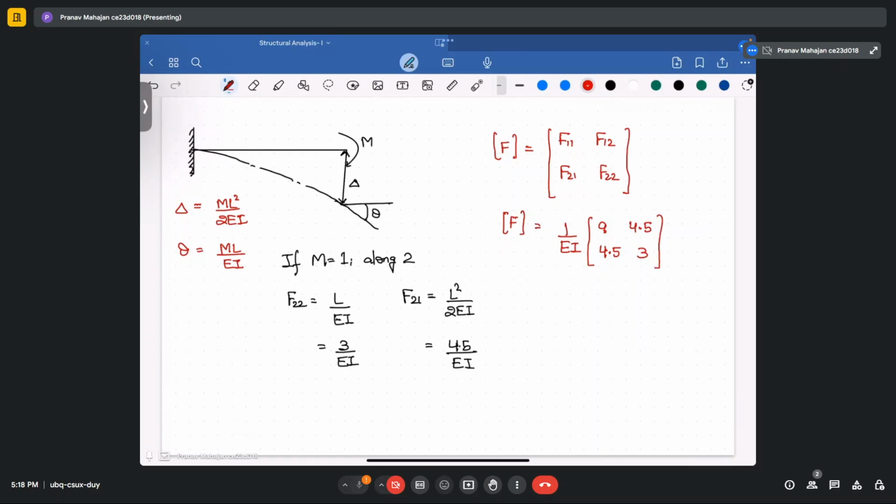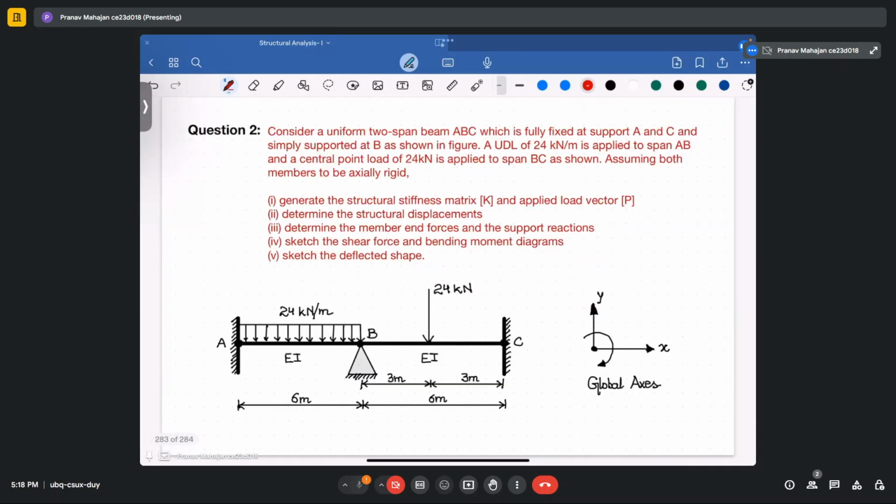Okay. So now next question. The next question incorporates all the concepts that you have seen till now for beam bending. So this is the combined problem for all the concepts. Let's read first.